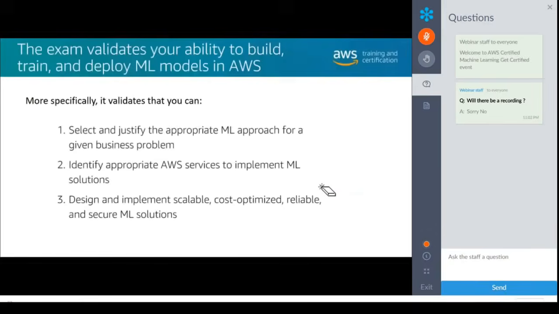So about the exam itself, we're going to validate your ability to build, train, and deploy machine learning models, of course in AWS, right? And diving a little bit deeper into that: select and justify an appropriate machine learning approach for a given business problem, identify appropriate services to implement machine learning solutions, and design and implement scalable, cost-optimized, reliable, and secure machine learning solutions.